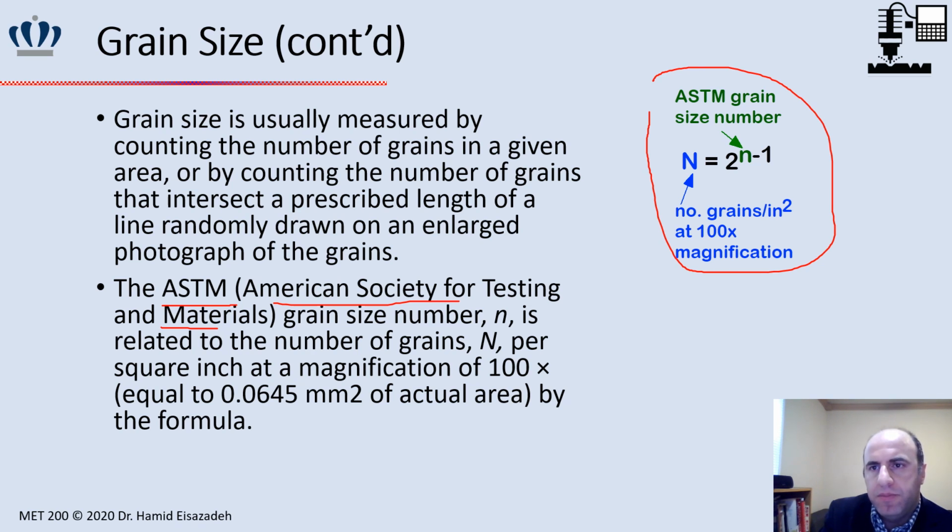N represents the number of grains per square inch when it is magnified by 100x, and then you plug that number into this equation, and you will obtain this number, which represents the size number in ASTM.